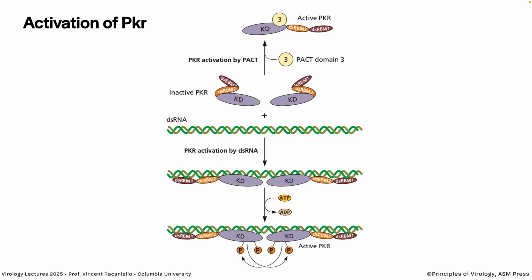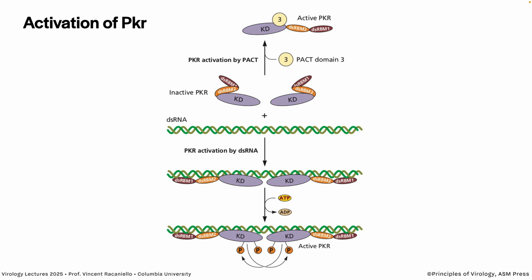First of all, this is how PKR is activated by double-stranded RNA. PKR is produced in a cell as an inactive molecule. It has a kinase domain, KD, and it has two double-stranded RNA binding motifs. So these are produced in an inactive form. There's actually a protein in the cell called PACT, which will activate them, so these have cellular functions.